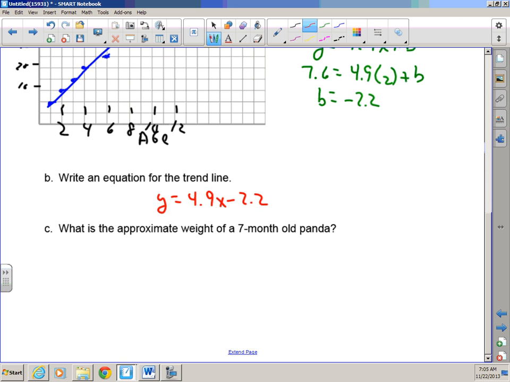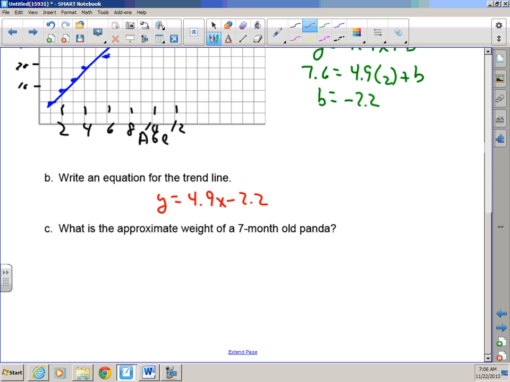Now, somebody might be saying right now, well, what you're telling me is my y-intercept is negative 2.2, which seems a little silly because how could I have, at 0 age, a negative weight? But you don't want to look at it in that context because, again, it's not a perfect line. So it's a number that's helping us calculate our data points.